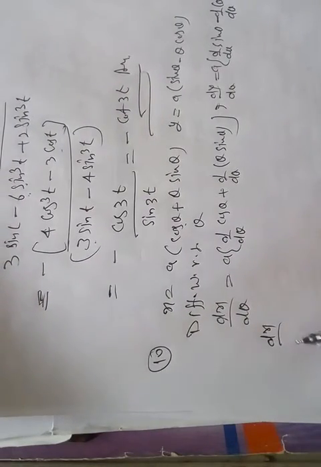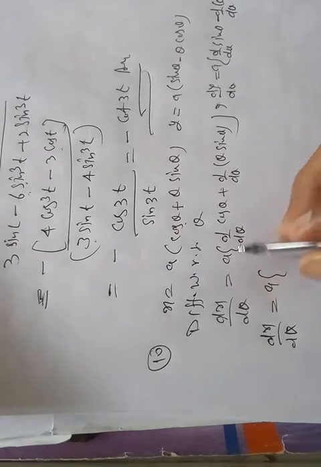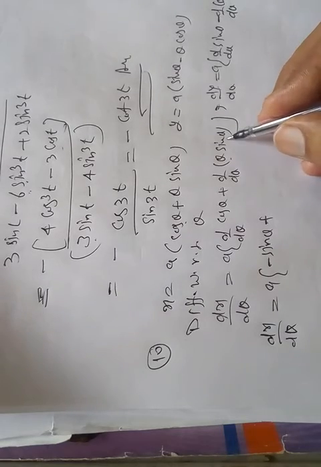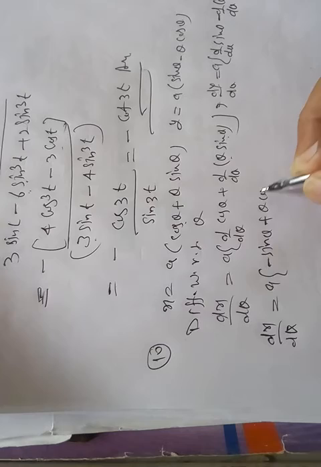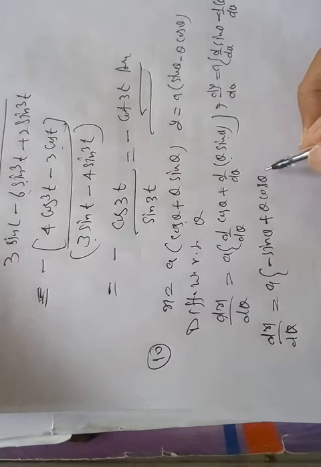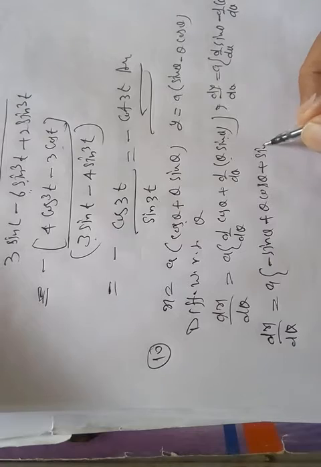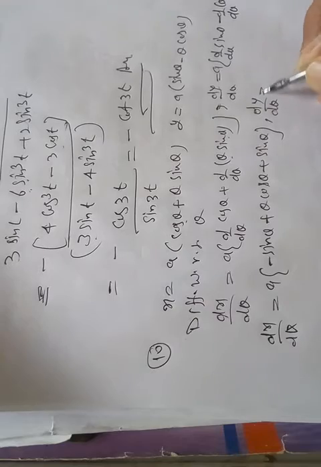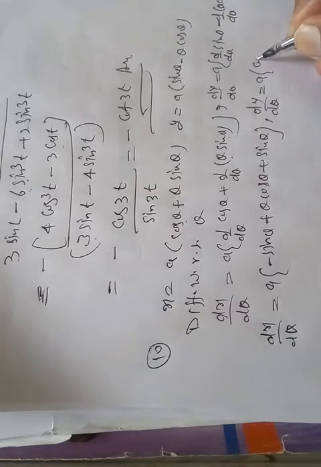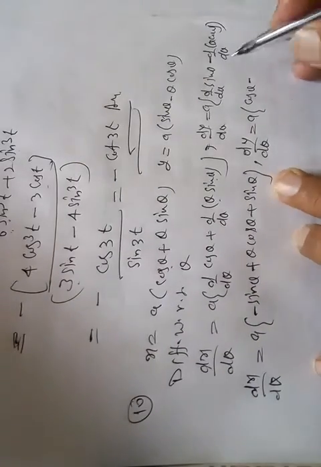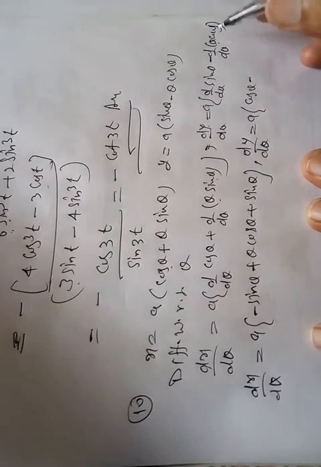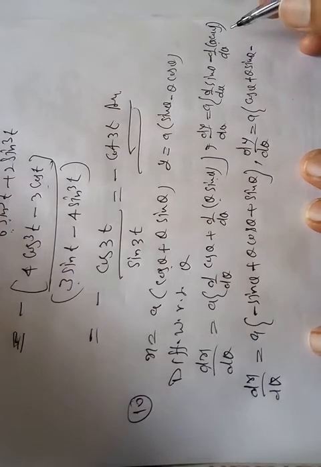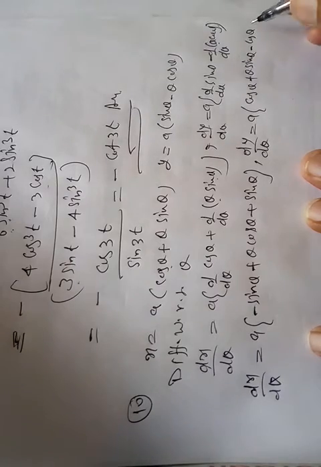dx/d theta equal to a d/d theta, minus sin theta, and this product rule: theta sin theta, cos theta plus sin theta. dy/d theta equals a d/d theta of cos theta, by product rule, minus sin theta plus theta cos theta minus sin theta into 1.